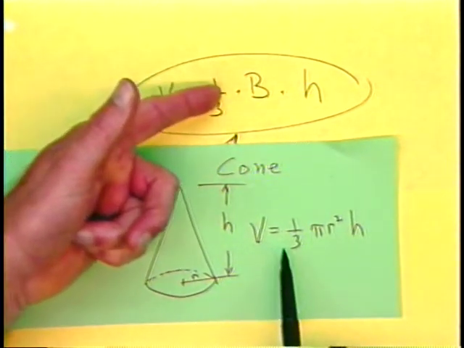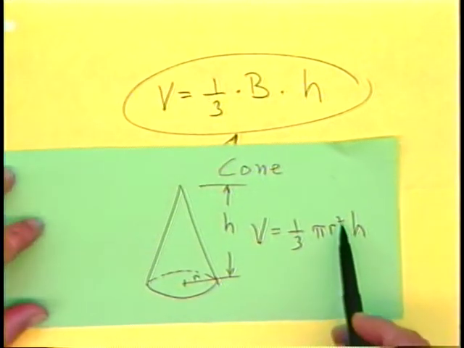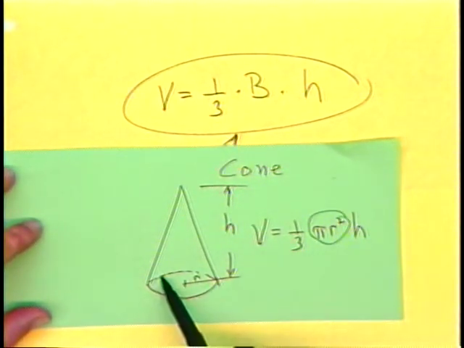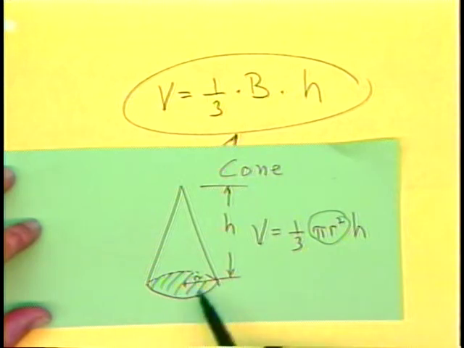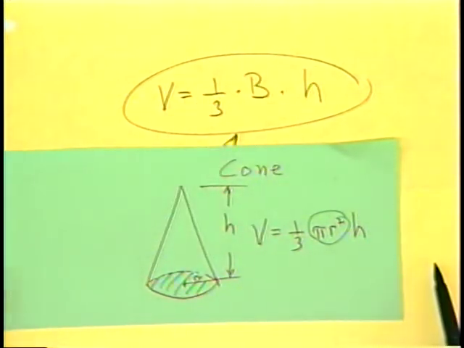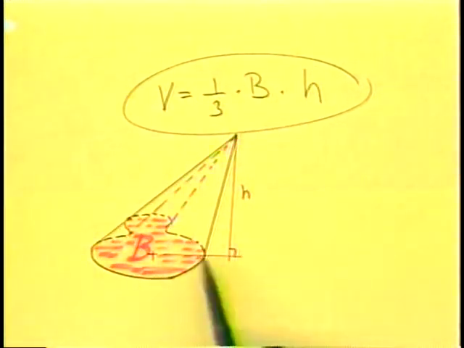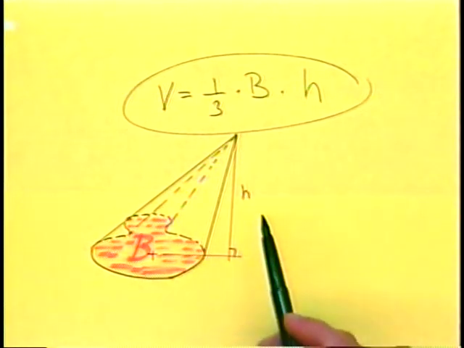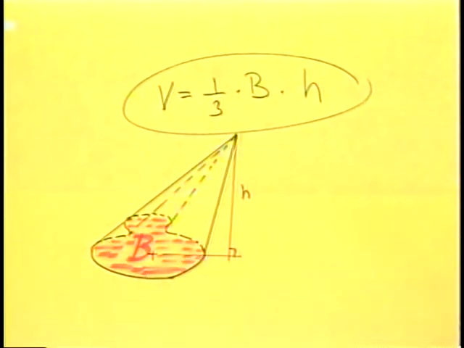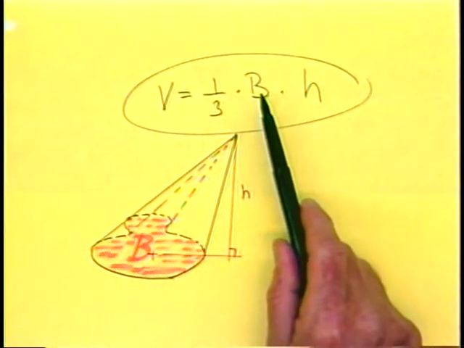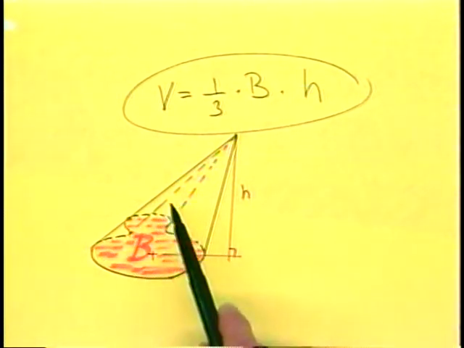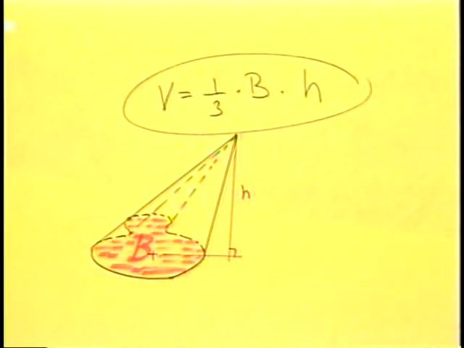Here's my 1/3, and pi r squared is nothing more than the area of the circular base, and here's my height. So any figure that fits this condition will have this as its generalized volume if you understand the capital B to be the base area. Do you see that the pyramid as well fits into that category?